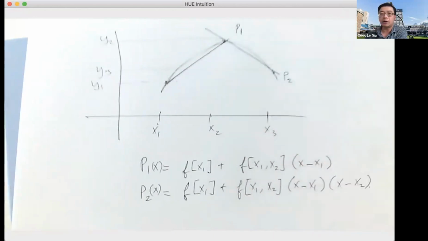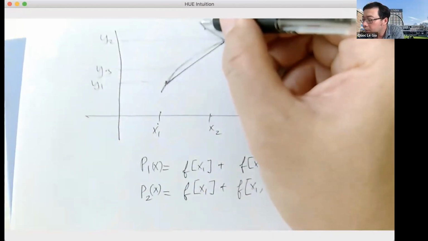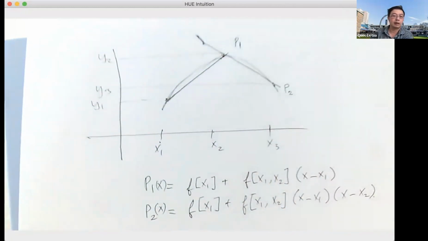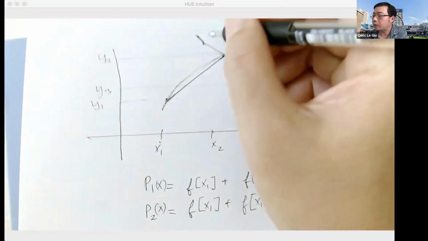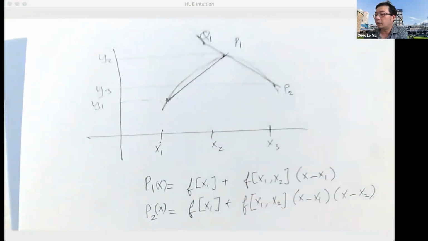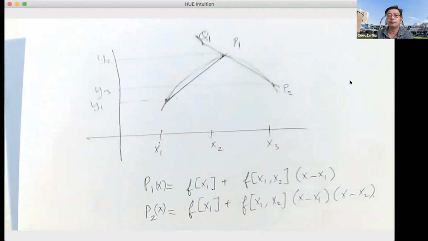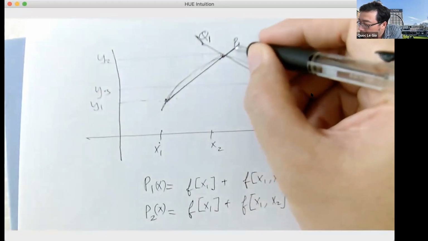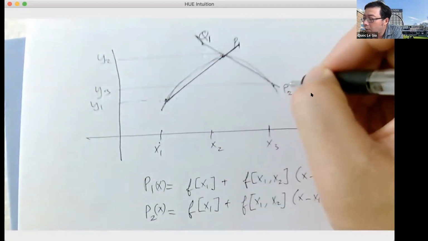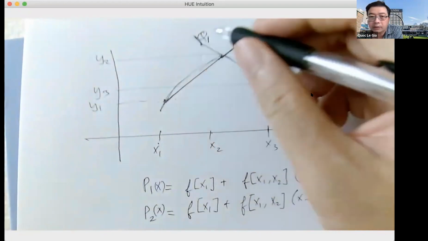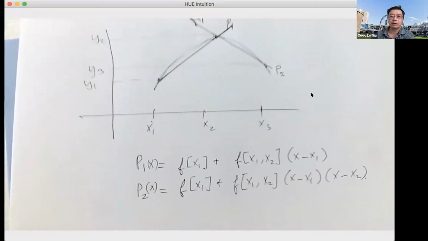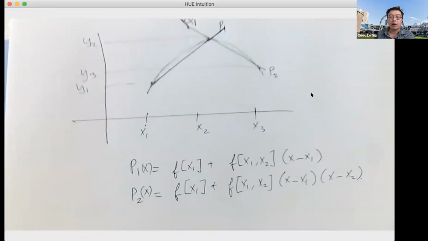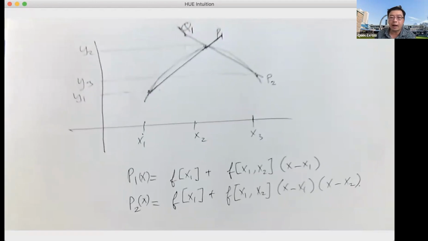Let me label this to be Q1. So Q1 is this line. Remember P1 is this line: you connect x1 and x2. But Q1 is you connect x3 back to x2. So P2 is still the parabola. And now we can write out Q1.